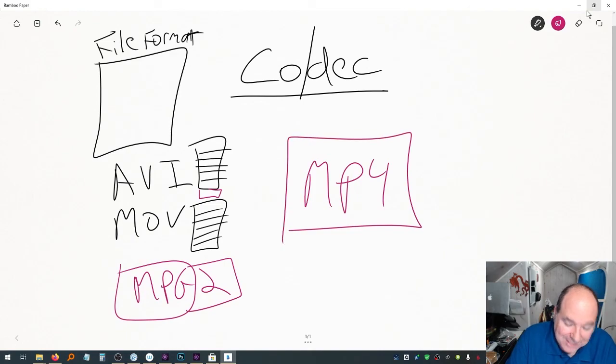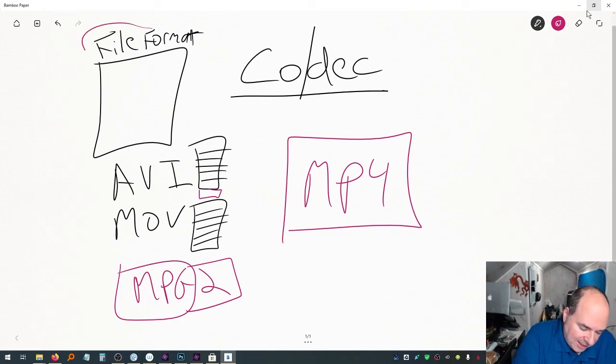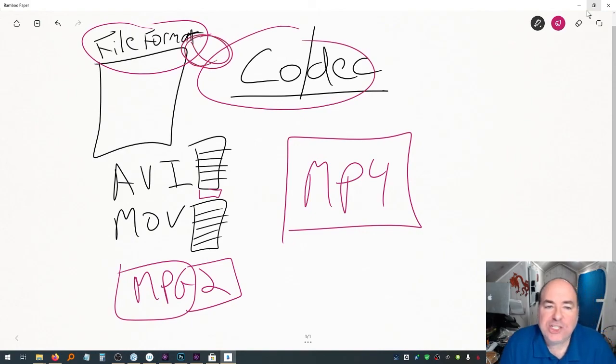And MPEG-4 is actually a misnomer. It's a codec that is also a video file. Actually, the codec is H.264, but that's a different story. But the point is that we've unified the file format and the codecs so that you rarely get into a situation where you have a video file that won't play.